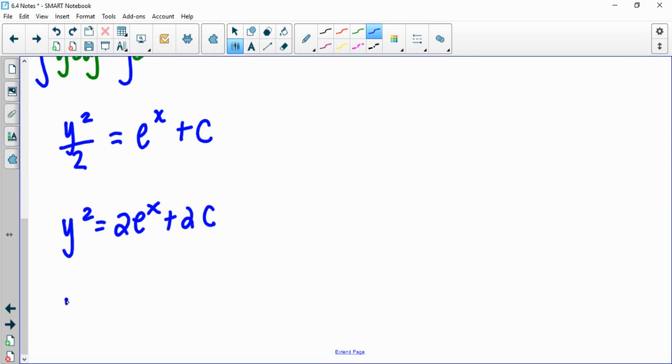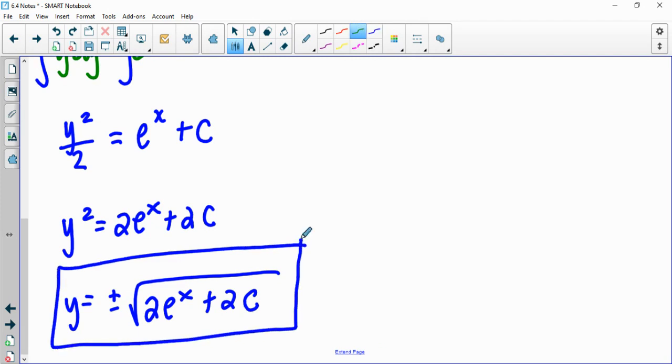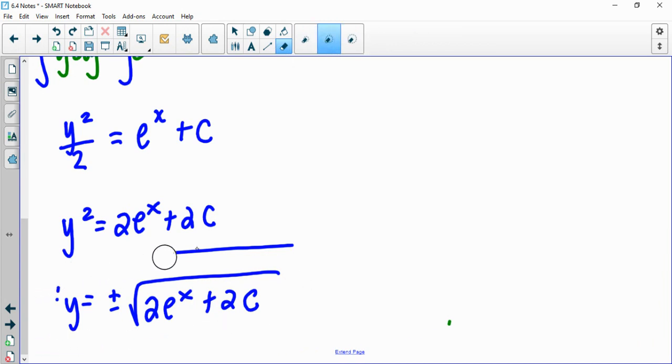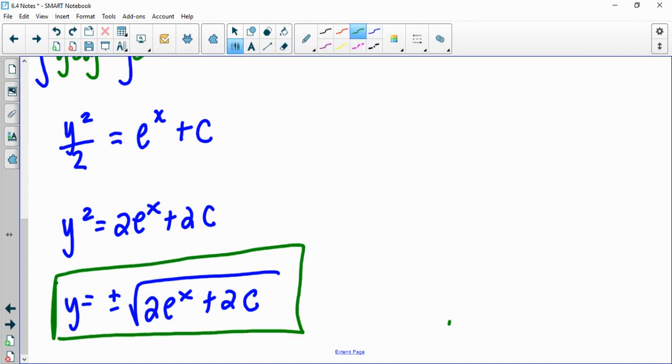And then the square root. So y equals plus or minus the square root of 2e to the x plus 2c. There you go. So it looked gross to start with, but e is kind of nice that it's its own derivative and antiderivative. So it wasn't too bad. So there we go. There's that one.